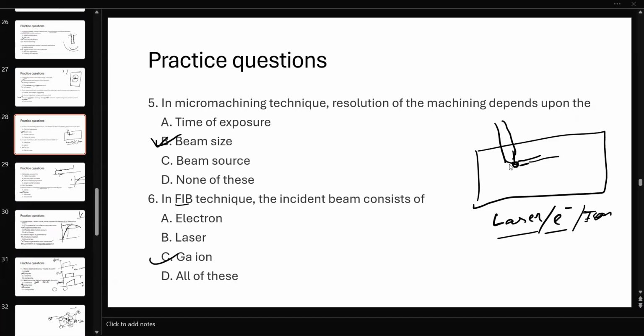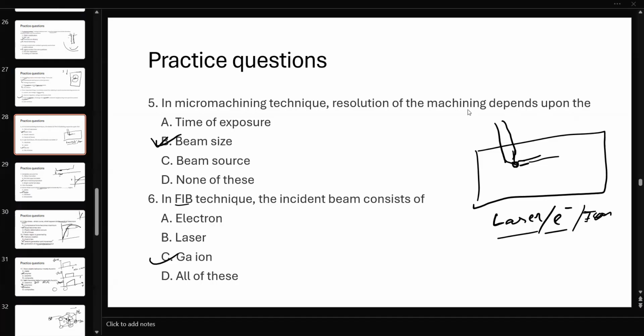As soon as that point is melted and evaporated, the point below it won't be in focus anymore, right? That will be wider than what you get on the top. So it's very difficult to control it. Even if you have a parallel beam, it's difficult to focus it.